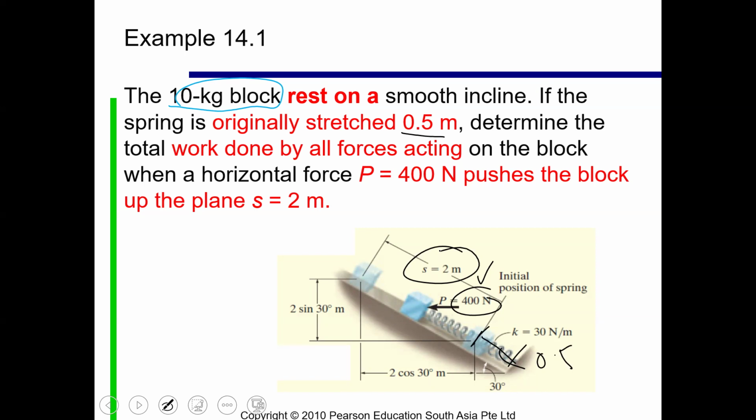So which two? One by the external force P, and the weight of the object. Okay, so weight. But what about the spring? The spring is also there, right? Yeah, that too. So there are 3 different types of work done present in this question.